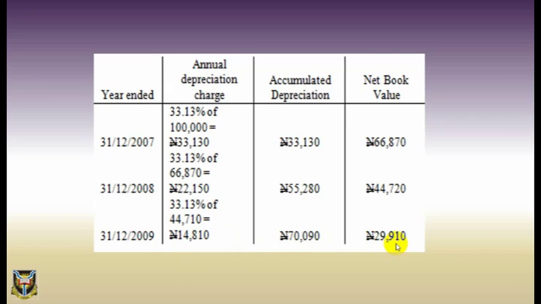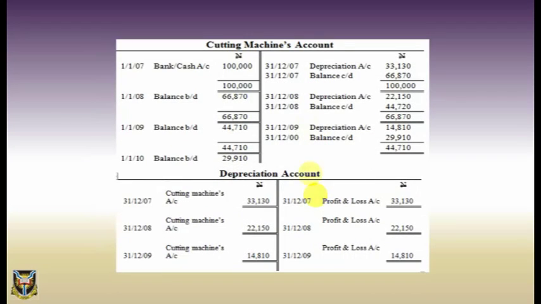Cutting machines account. 1/1/2007. Bank through cash account 100,000. 1/1/2008.